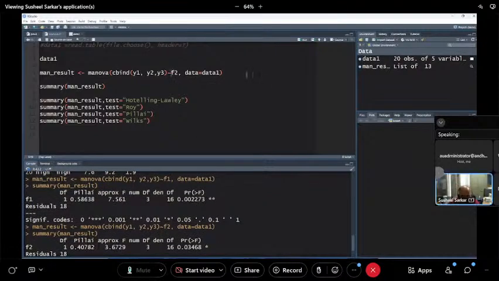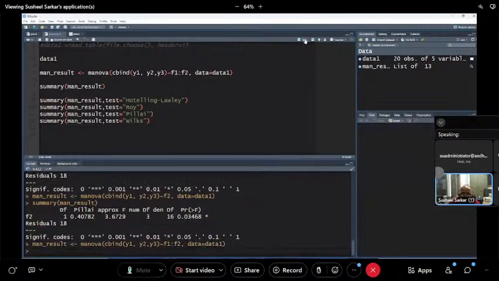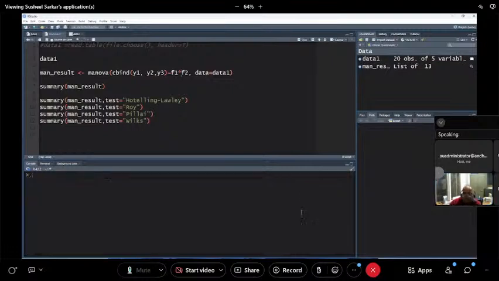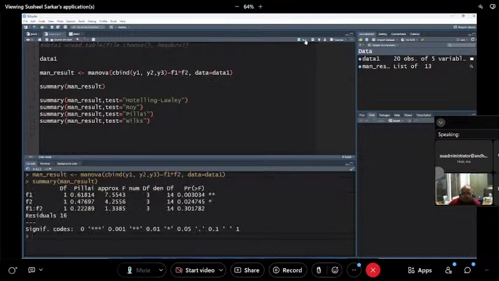If we write F1 and put a star, or first let me put a colon, I am giving the interaction. Now it will test all 4 treatment combinations and give you the result. See, this is the interaction. And if I put a star here and run this, now you can see the difference.